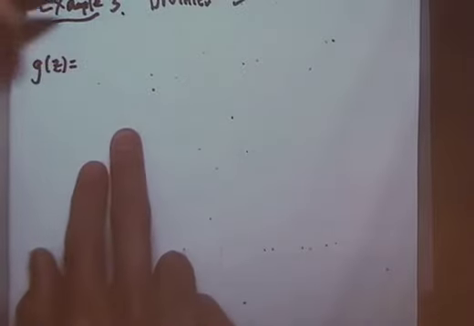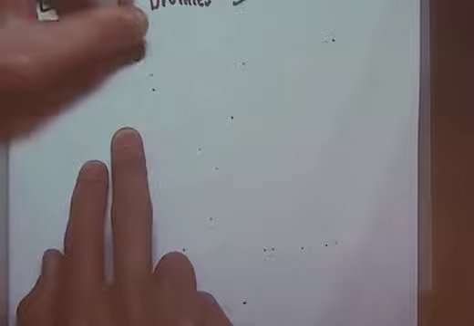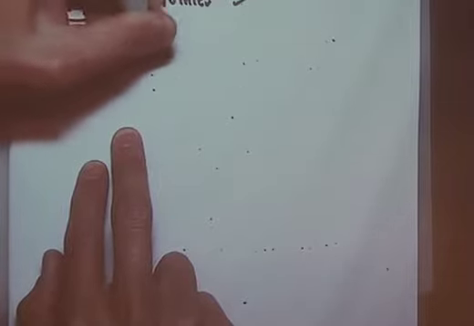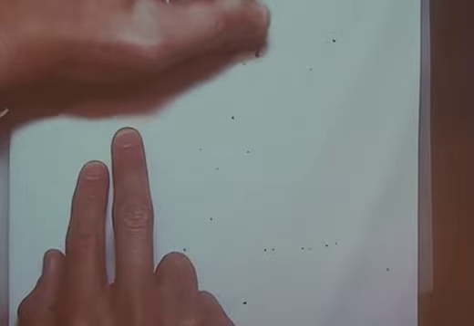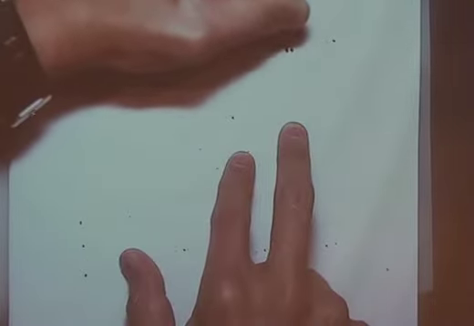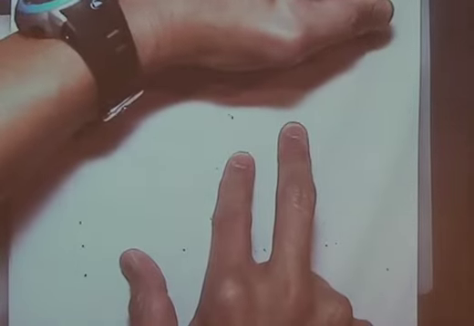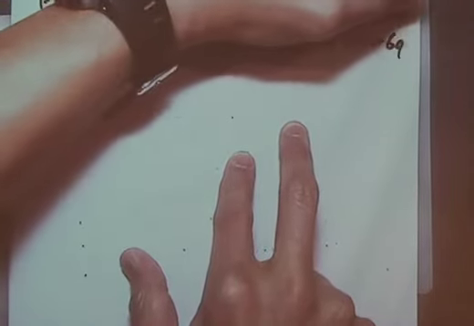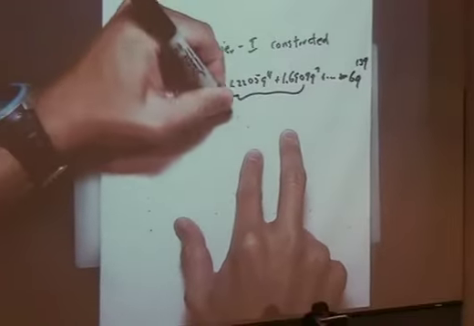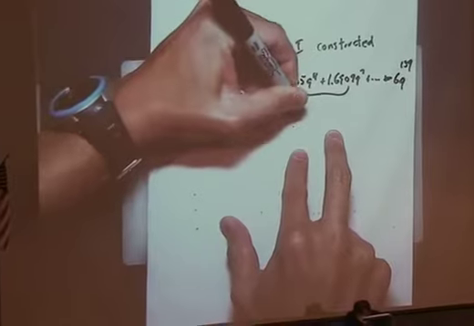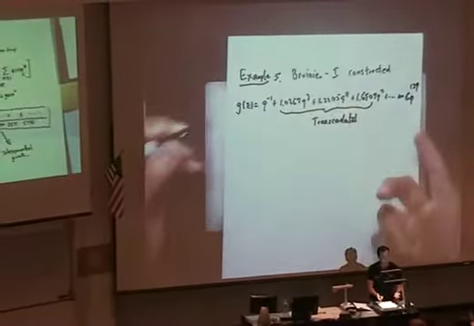It starts out with a q to the minus 1 plus a 1.0267 q cubed plus a 1.2205 q to the 4th plus a 1.6909 q to the 7th, but then minus 6 q to the 139th. All of these coefficients are transcendental. And minus 6 is a nice integer.